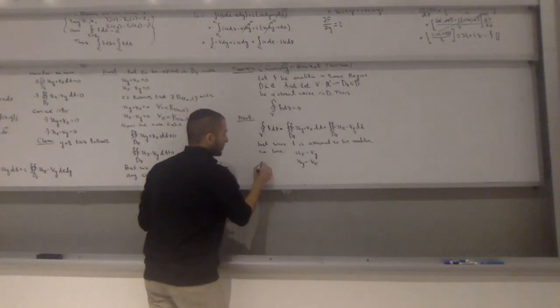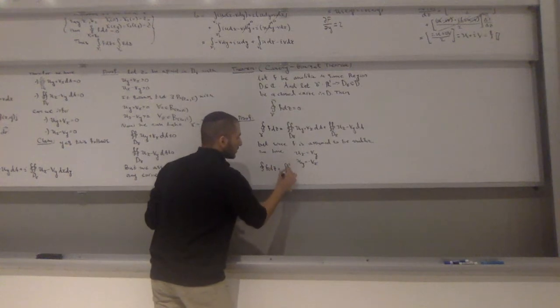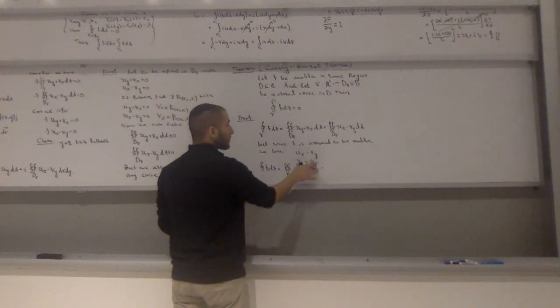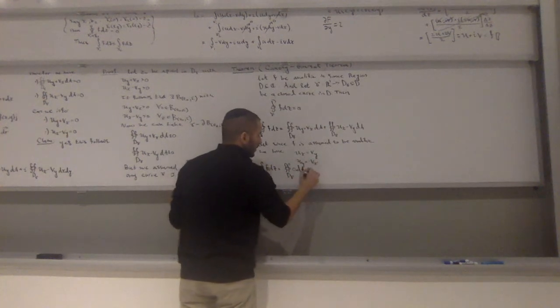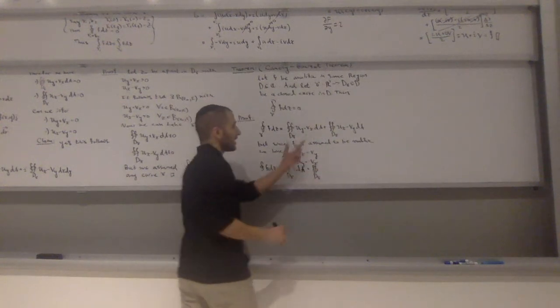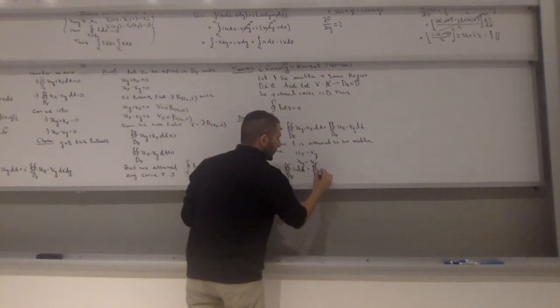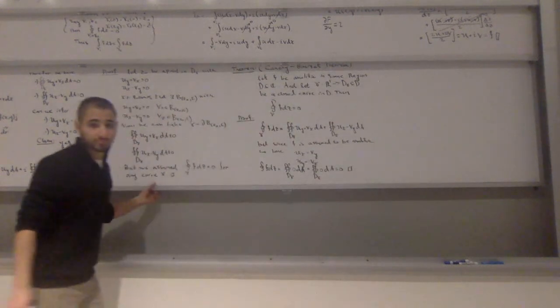But then, the integral of f dz equals the double integral d gamma of uy plus vx, but uy is minus vx, so 0 dA, plus the double integral around d gamma of ux minus vy, but ux is vy, and so again that's 0 dA, and this equals 0, and that's the end.